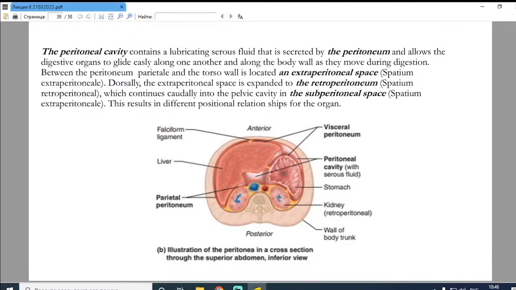Dorsally, the extraperitoneal space is expanded to the retroperitoneum, spatium retroperitoneale.